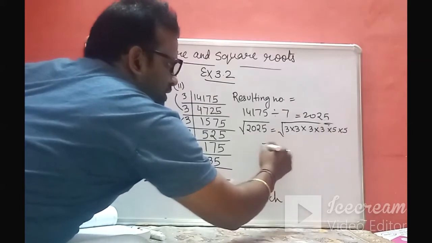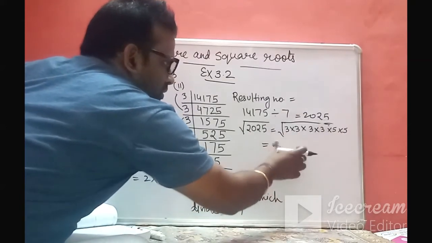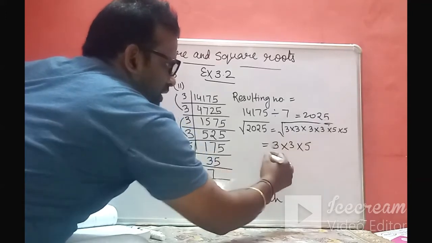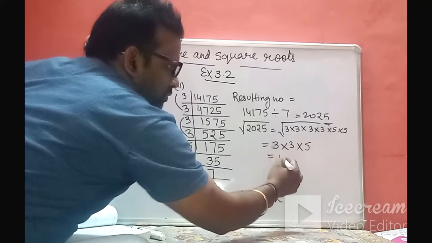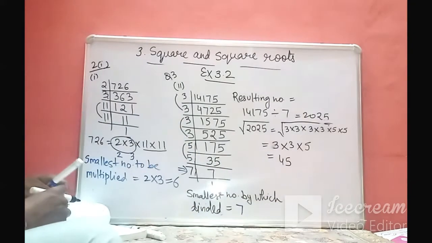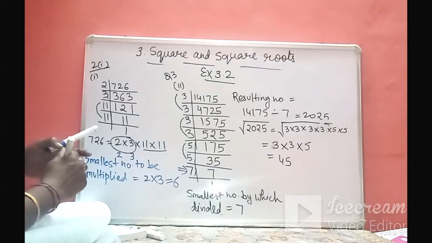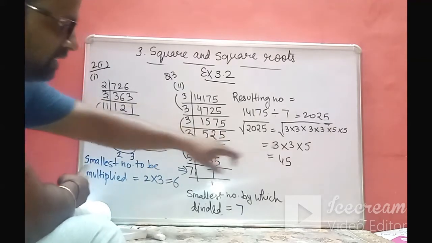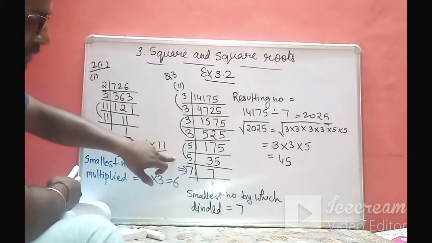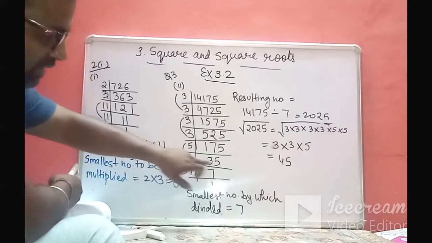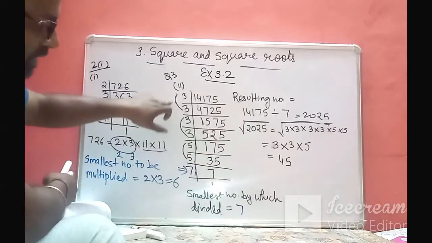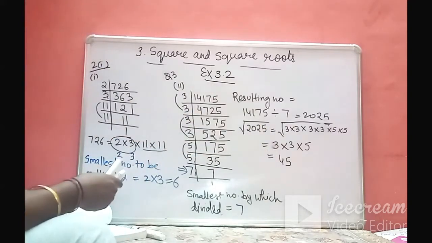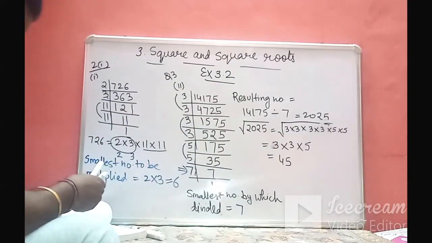So that means it is how much? 3 into 3 into 5, that is 45. So for finding the square root of the resulting number, we will not do the prime factorization again. We will use this prime factorization only, and except that factor which is not having the pair, we will take all the factors like this, and then we will find the square root of the resulting number.